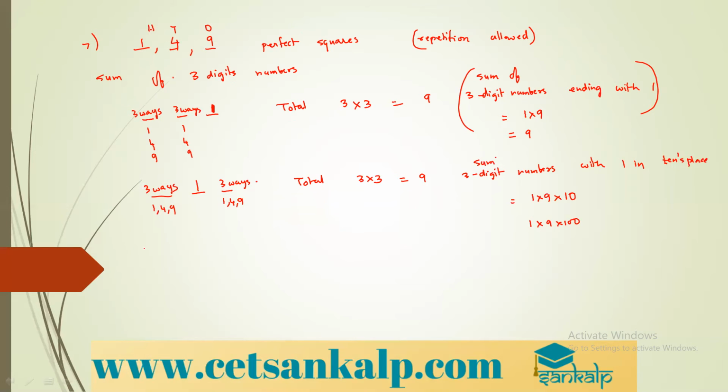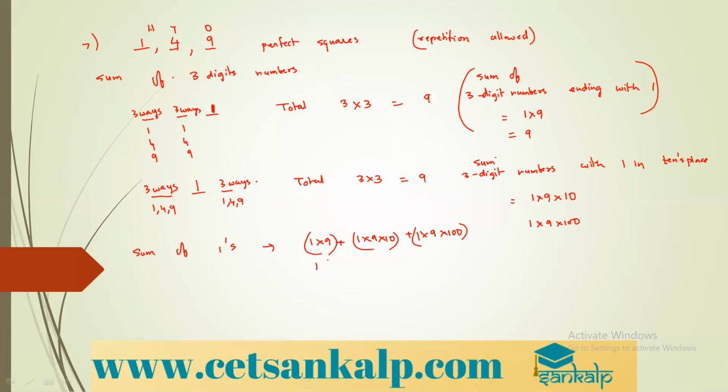So the sum of all the ones together is 1 into 9 plus 1 into 9 into 10 plus 1 into 9 into 100, in ones place, tens place, hundreds place. Instead of doing it like this, I can write this in short form.